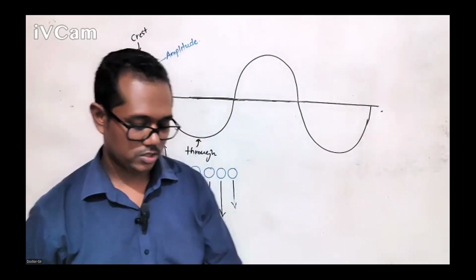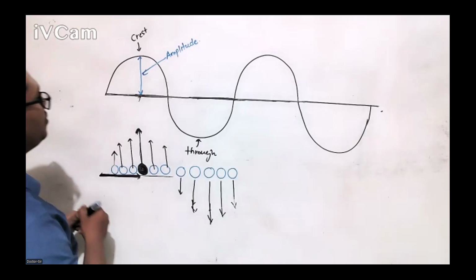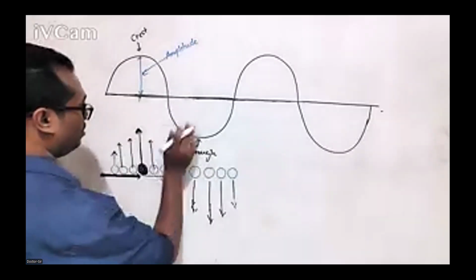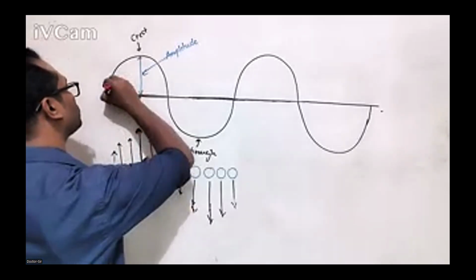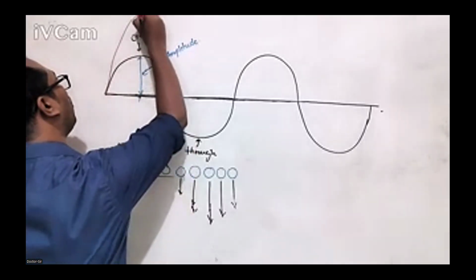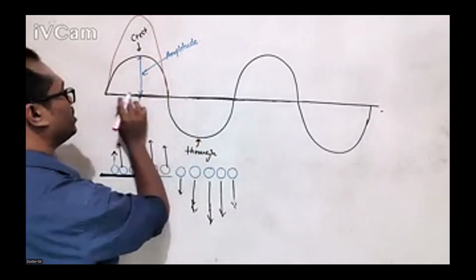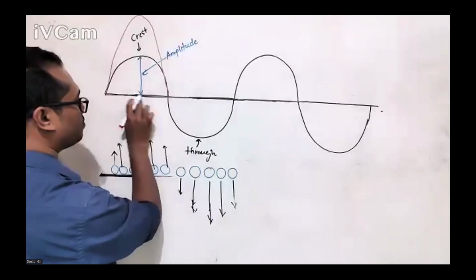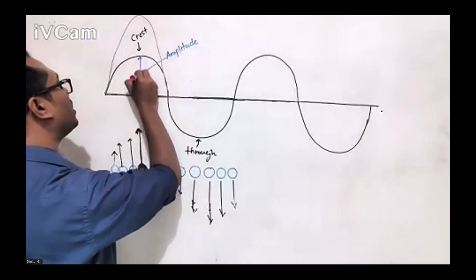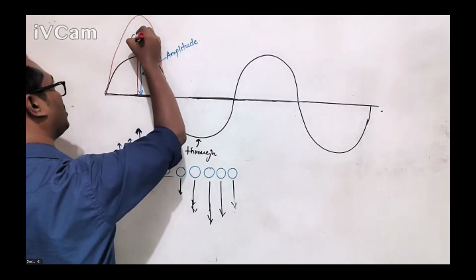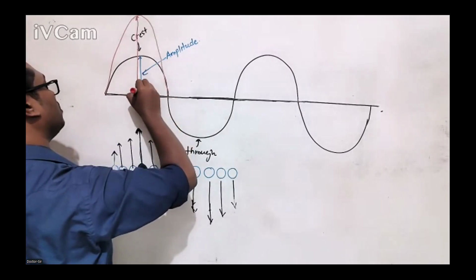However, you should know, if I take another wave having a higher amplitude, high amplitude means from the rest position the particle goes very high. So this height is very high now.